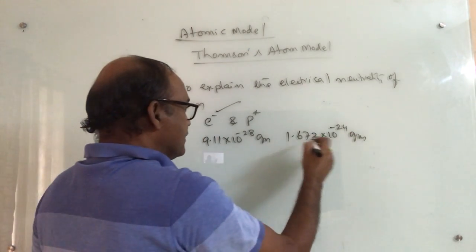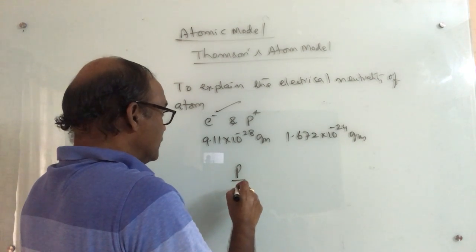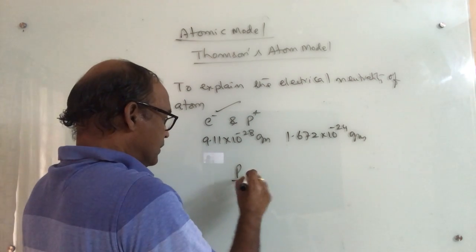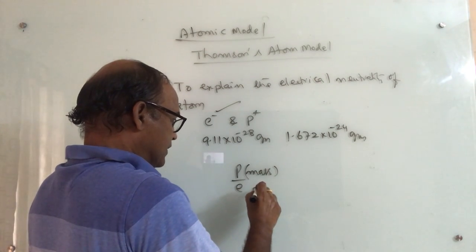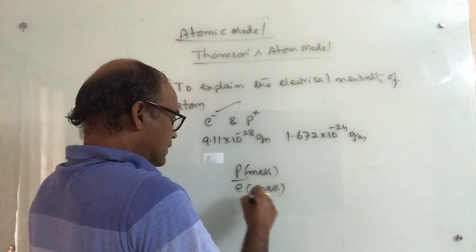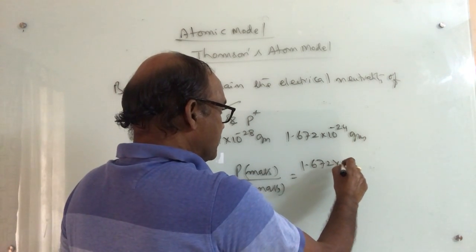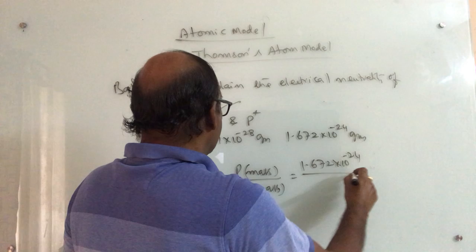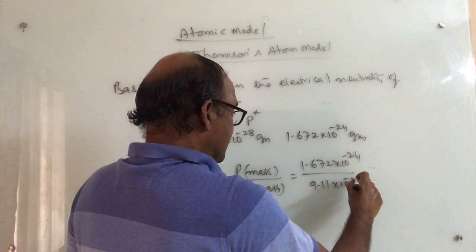Taking the mass of the proton to the mass of the electron, we get 1.672 into 10 power minus 24 by 9.11 into 10 power minus 28.